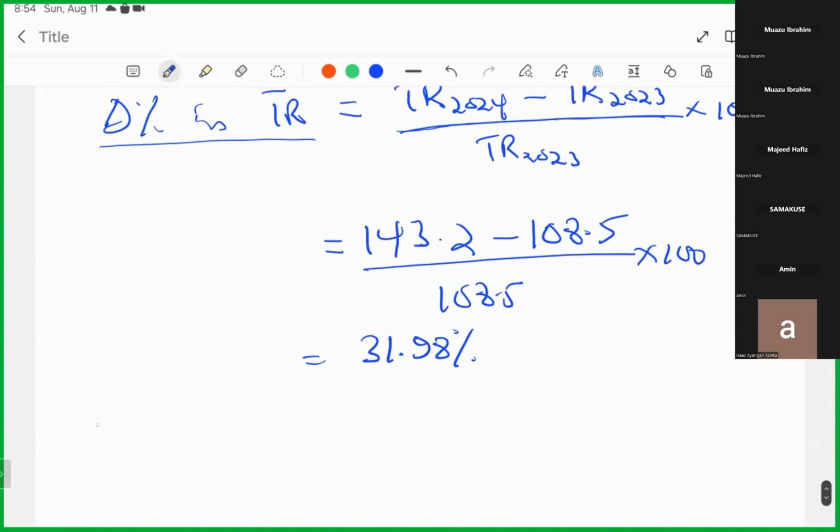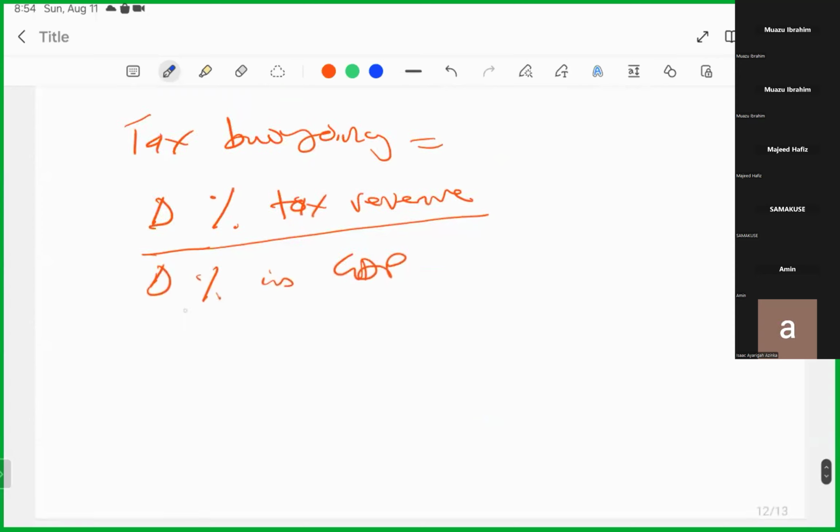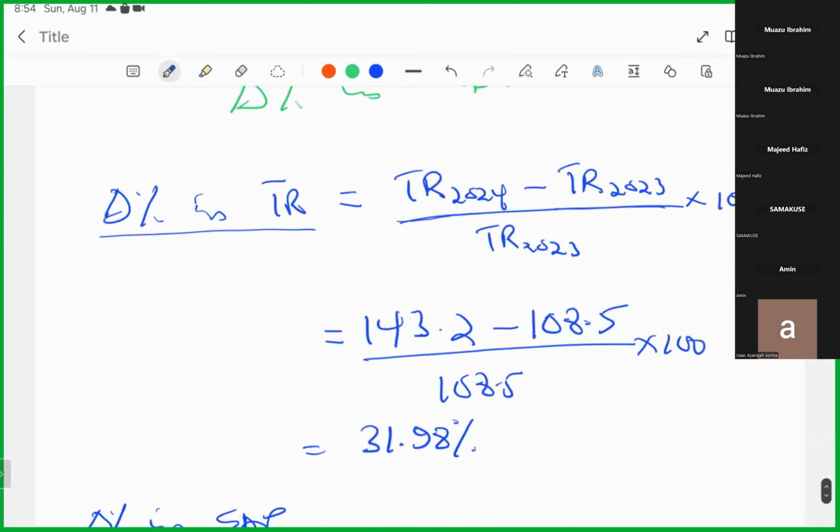So we do the same thing for the percentage change in GDP, the denominator.